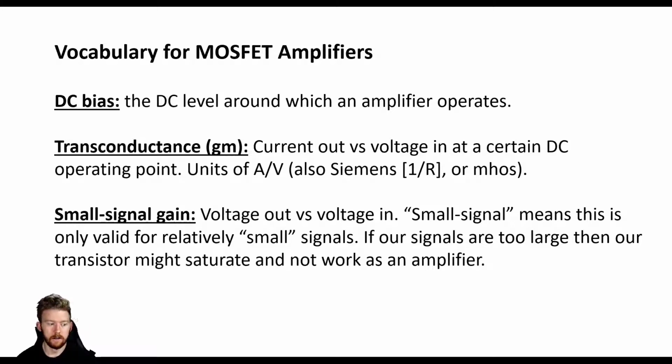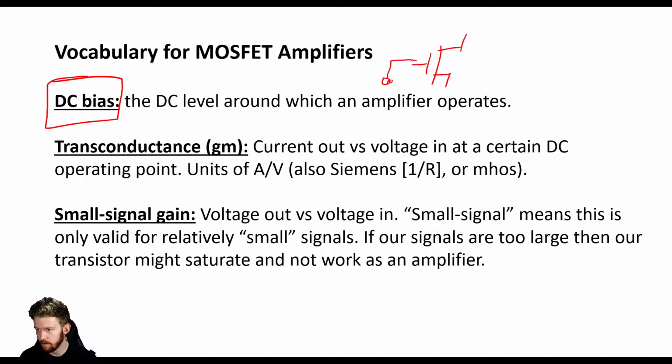We need to talk a little bit about the vocabulary for these MOSFETs, because they might have terms that we haven't heard before, so I just want to make sure that we understand what's happening here. DC bias is the first one that I want to take a look at. DC bias is the level at which an amplifier operates. If we tried to feed a really small signal into a MOSFET, it would never turn on.